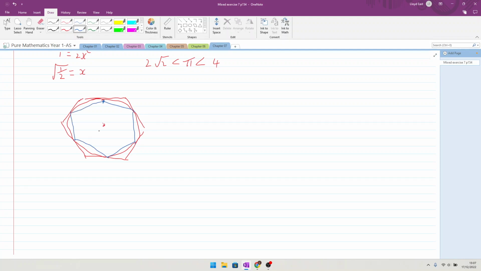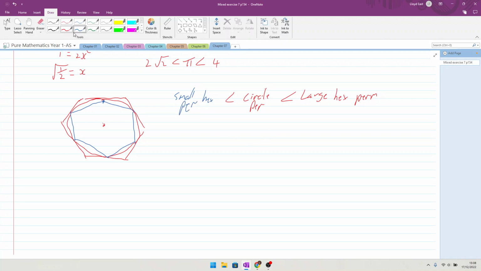So another hexagon. Okay. So in the same way, if we say the large hexagon perimeter has got to be greater than the circle perimeter, and that's got to be bigger than the small hex perimeter.